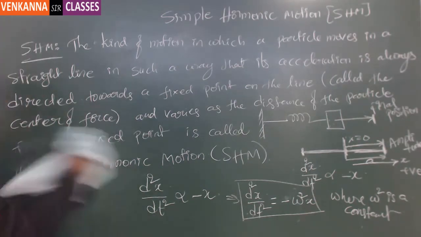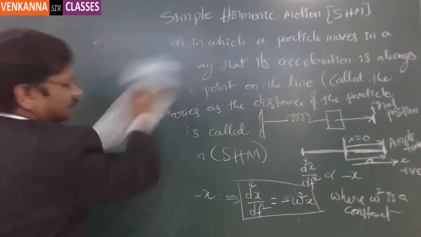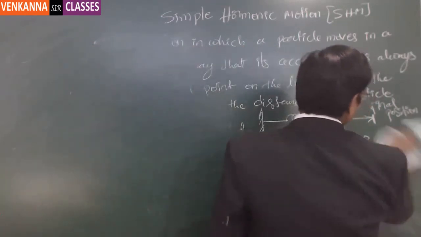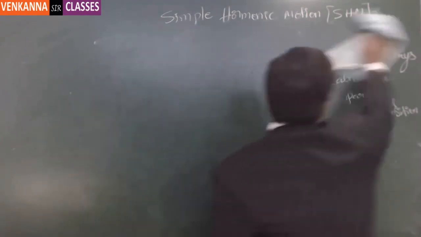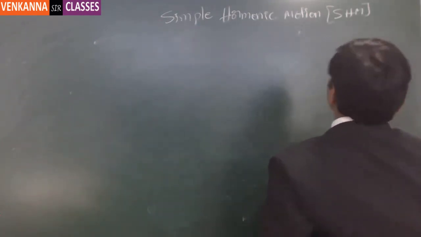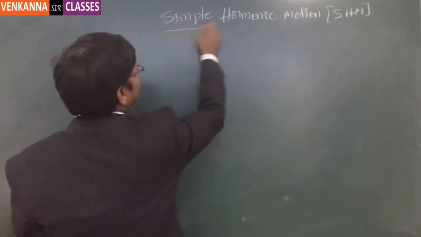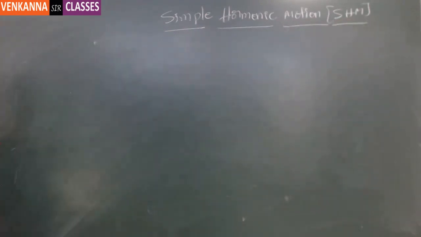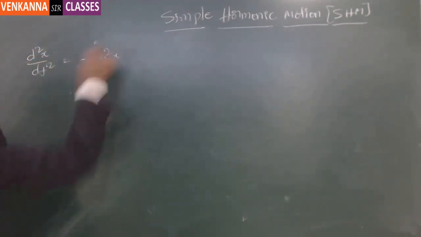Now we have to solve this differential equation. So d square x by dt square is equal to minus of omega square x.